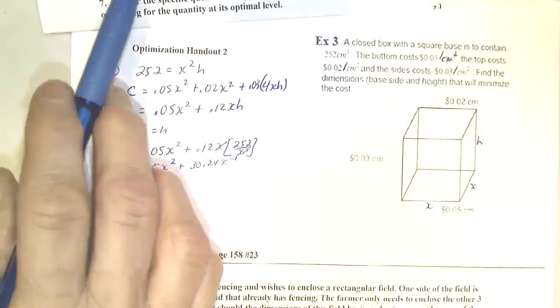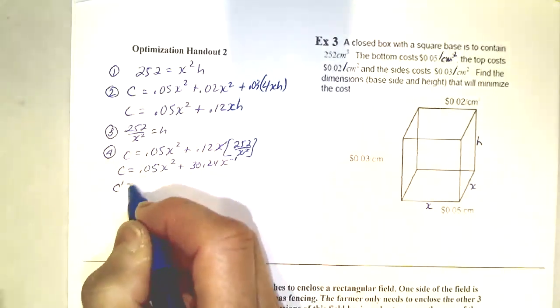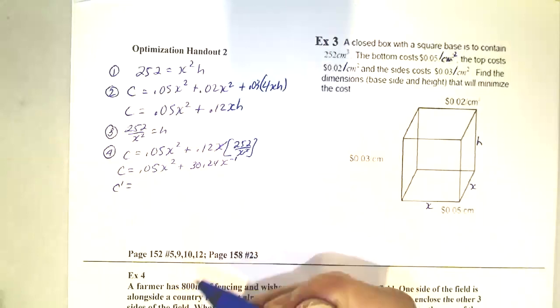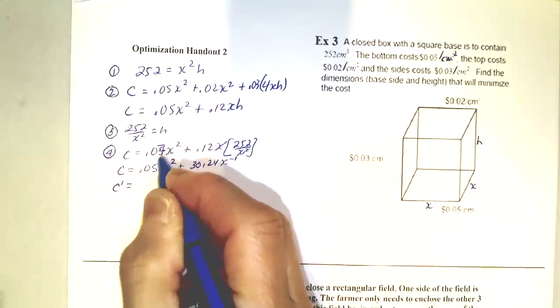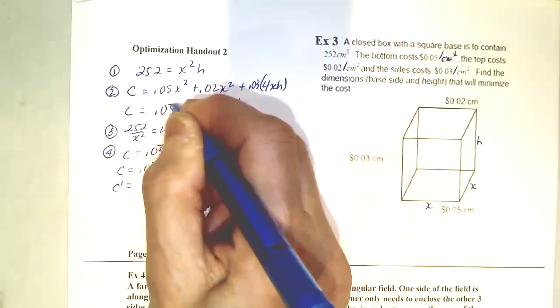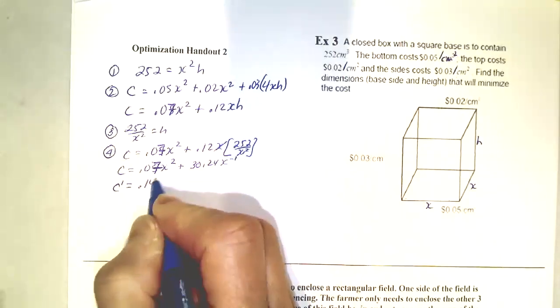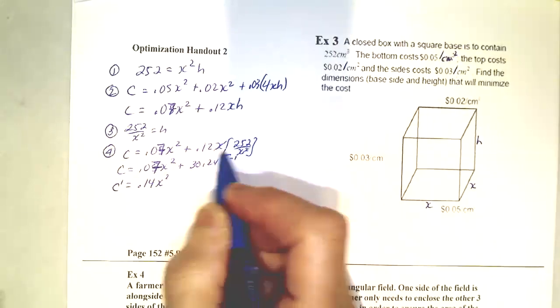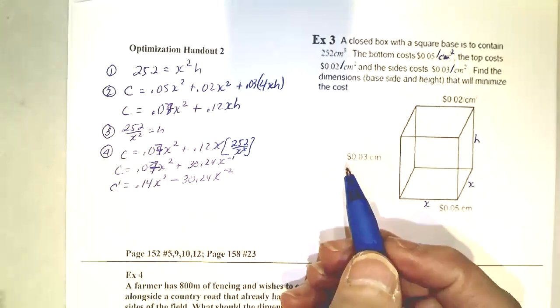So step 5 up here says take the derivative. That's what I'm going to do. And I get 2 times, this is a mistake, this should be a 7. 0.05 plus 0.02, sorry about that, is 0.07. I bring the 2 in front, I get 0.14x minus 30.24x to the negative 2.